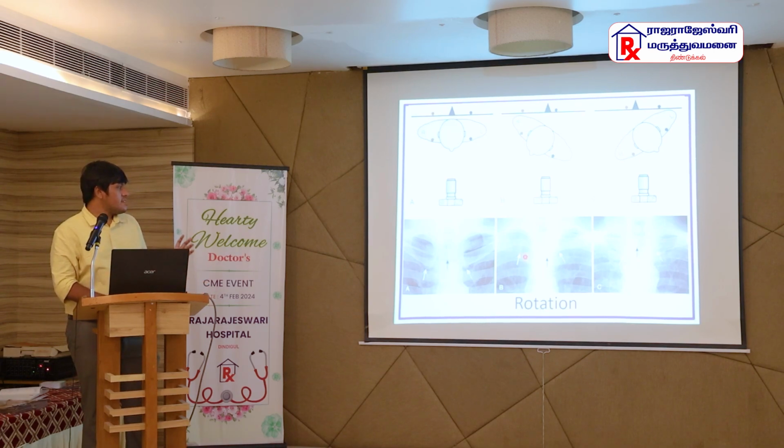The side in which the distance is more is the side to which the patient has rotated, and the lung field on the side of rotation will appear darker. For example, if the rotation is to the right, the whole of the right lung field will appear darker. So we should keep that in mind while reading an X-ray. For example, a speck of consolidation may even disappear due to rotation.